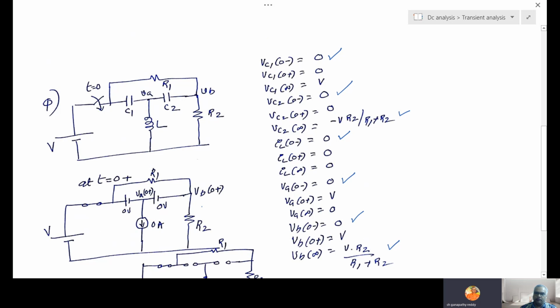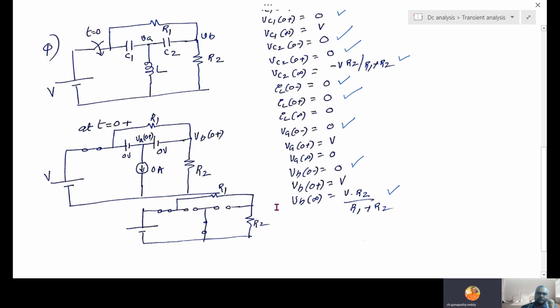Now at 0 plus. VC1(0-) equals VC1(0+), same. Then VC2(0-) equals VC2(0+). Next, IL(0-) equals IL(0+). This is same. Next, VA(0+), important.